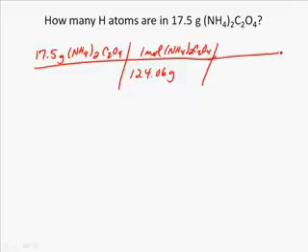And now, where do I want to go from there? Well, I don't want moles of the (NH4)2C2O4. I want hydrogen atoms, so not even moles of hydrogen atoms, but hydrogen atoms. So I'm going to calculate the moles of this first: 17.5 divided by 124.06 gives me 0.141 moles of the ammonium oxalate.